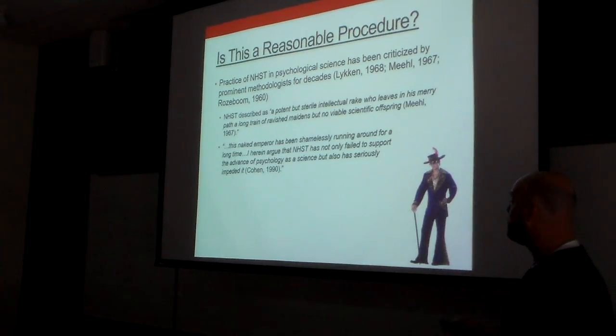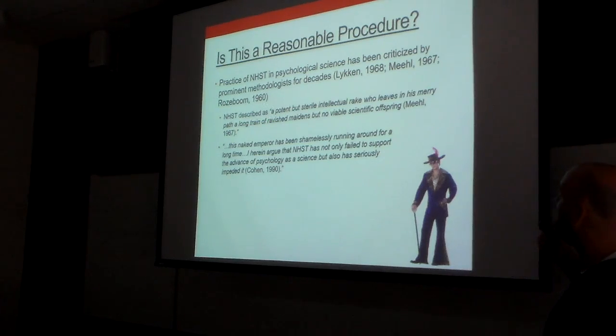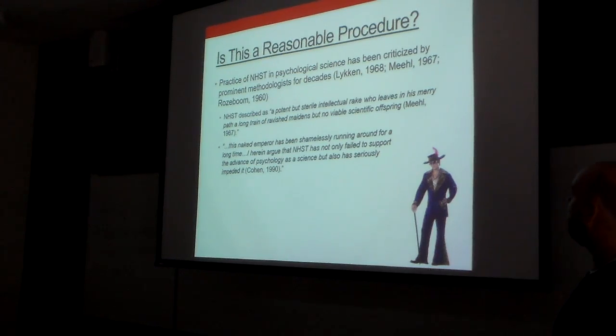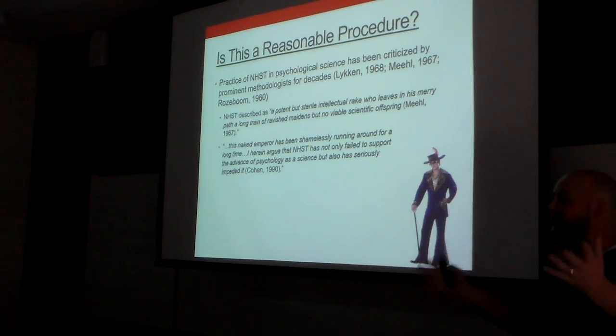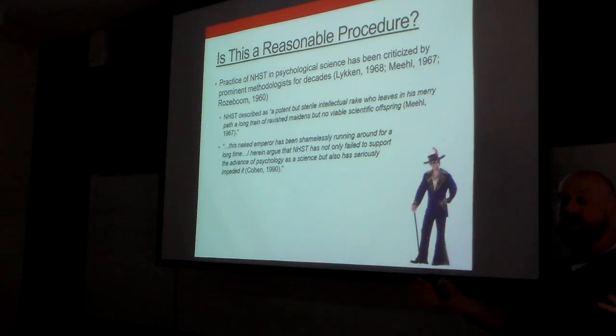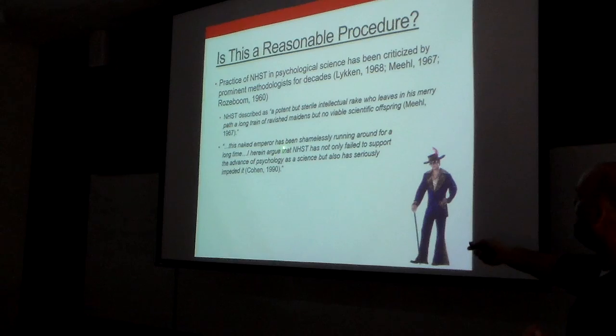If you read some of these articles, Meehl describes null hypothesis testing as a potent but sterile intellectual rake, who leaves in his merry path a train of ravished maidens, but no viable offspring, right? So we've done a lot of stuff, but have nothing really to show for it, right?